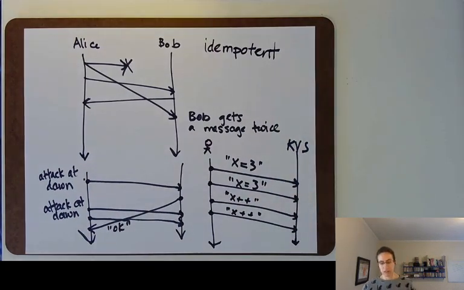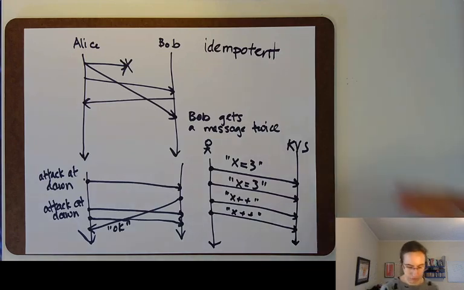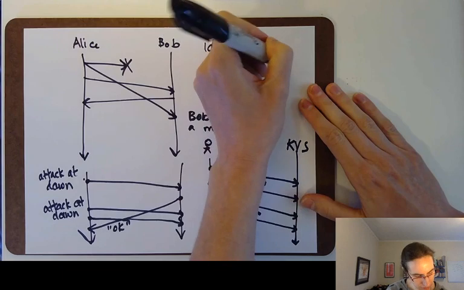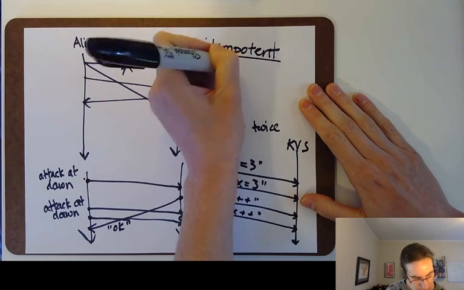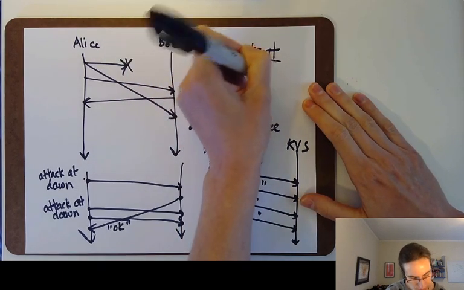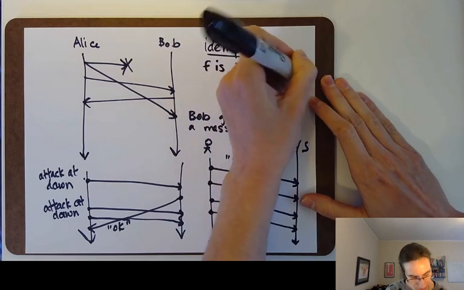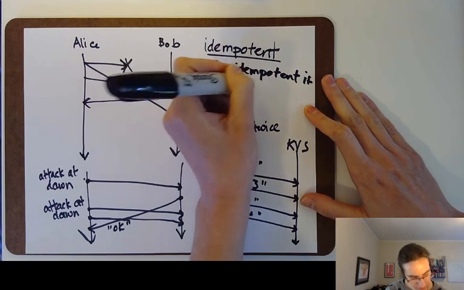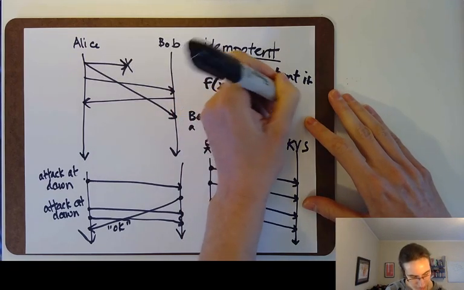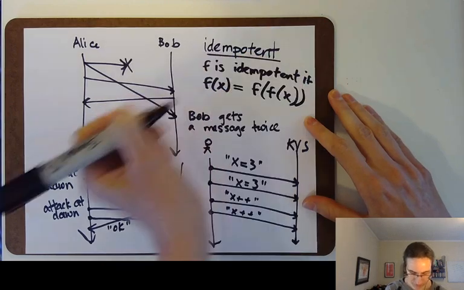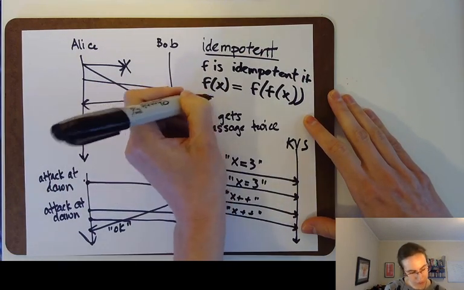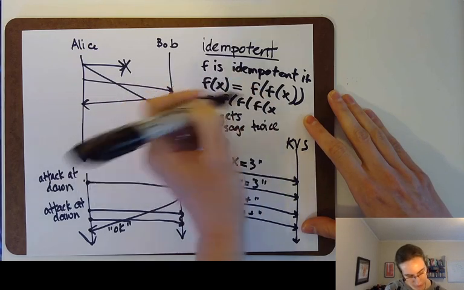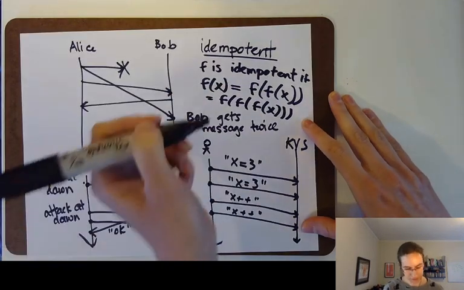So mathematically speaking, we say that a function f is idempotent if f of x equals f of f of x, which means that it's equal to f of f of f of x, and so on.